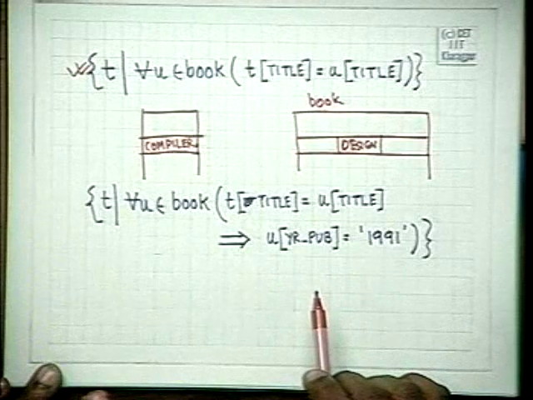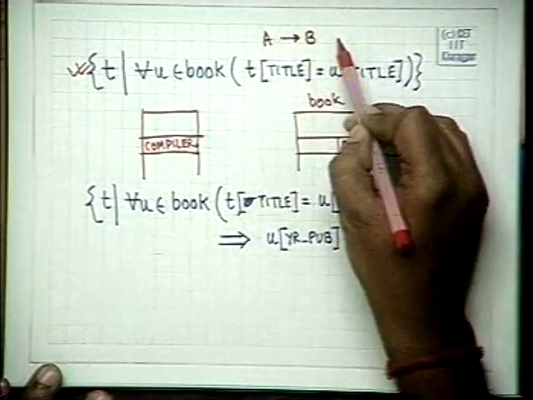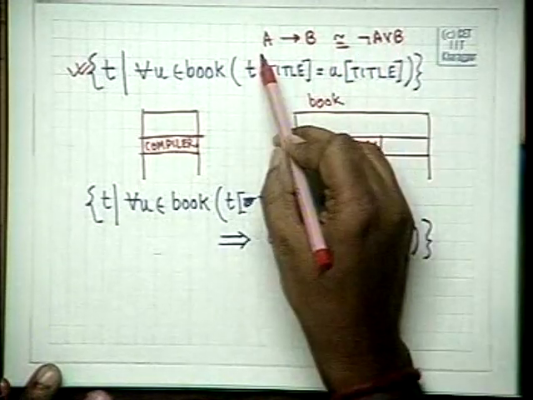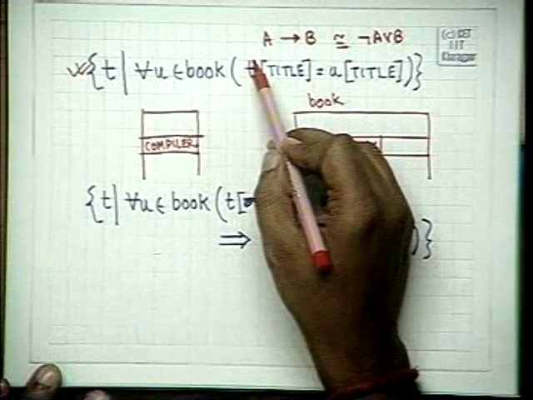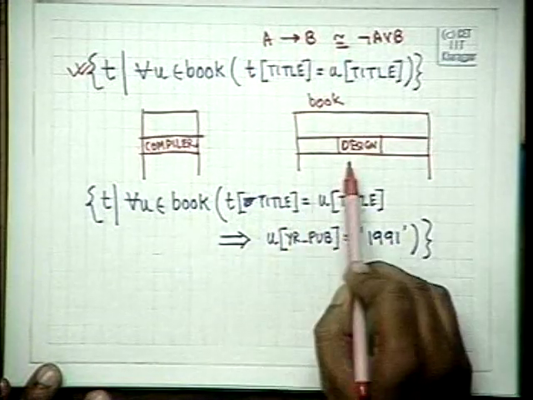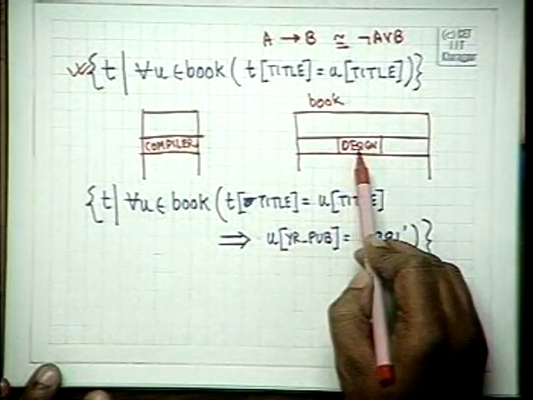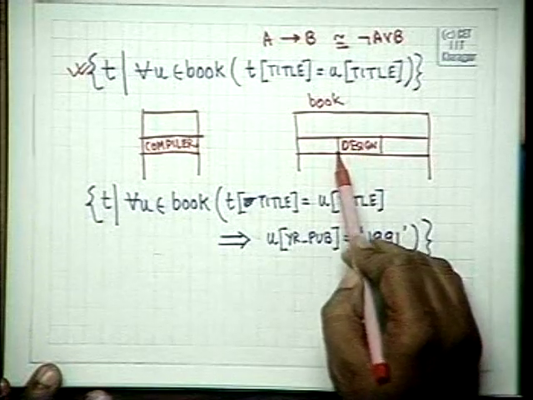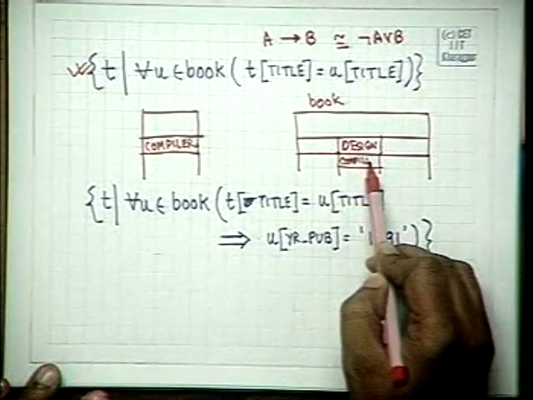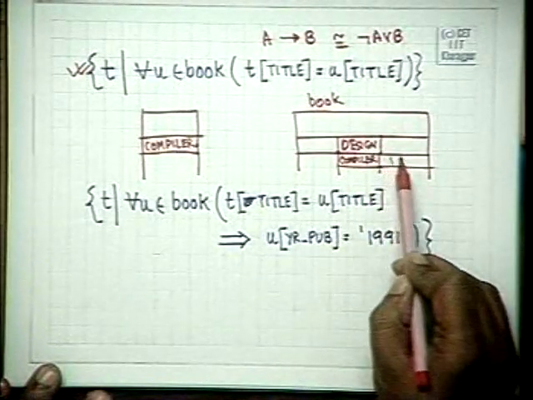The implies relation A implies B is equivalent to not A or B. That is, if A is not true, this relationship is satisfied, but if A is true, then B must be true. Therefore, this compiler will trivially satisfy a book which has got title design. But if there is another book compiler, then the year of publication must be 1991.